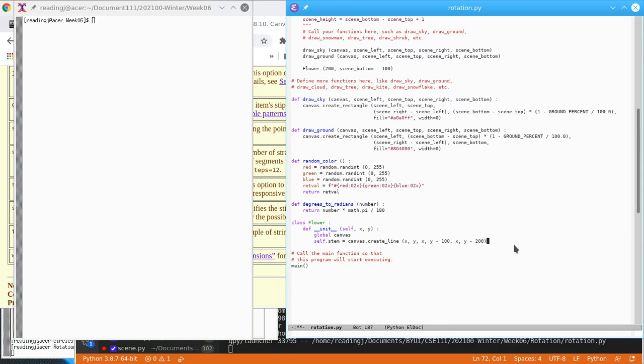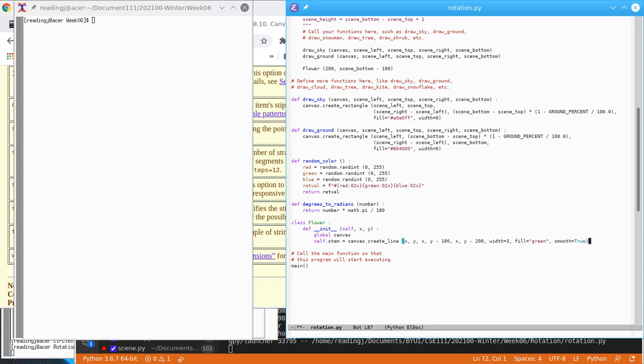And let's just see, width equals 3, fill equals green. And then we're going to put in this smooth equals true.